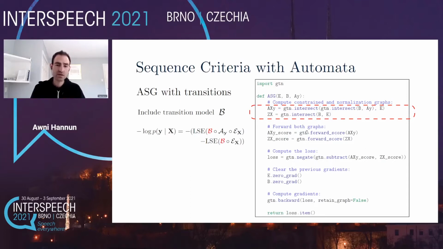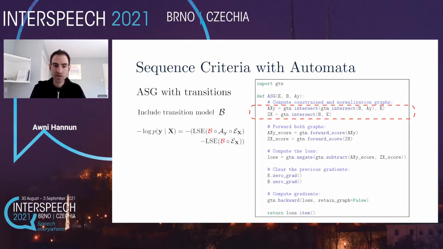So you can see in barely 3 lines of code changed, I've all of a sudden done this very powerful thing of including a transition model. And so that's the reason I've shown this code in its general form with the explicit normalization term.